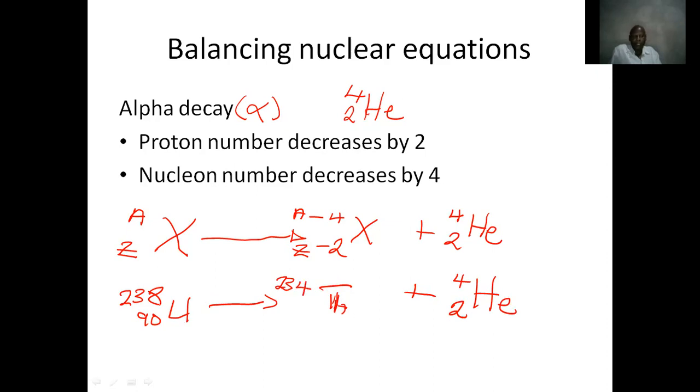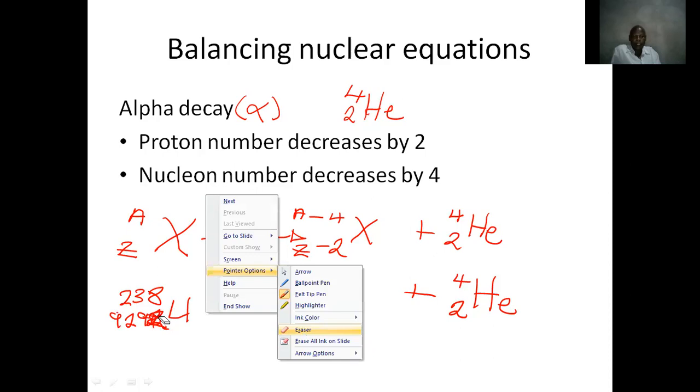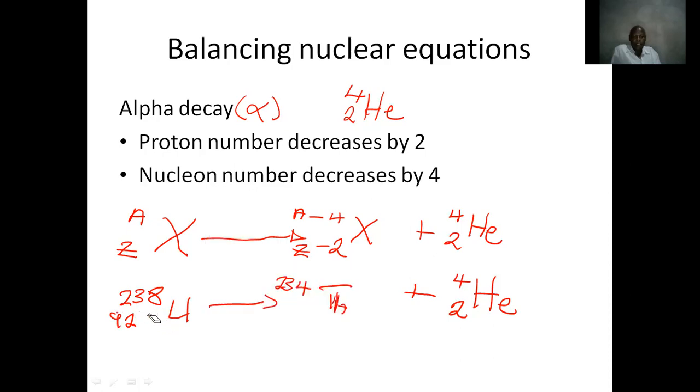234. And actually the proton number for the original atom was 92. That's the proton number. And so we expect that the proton number is going to decrease by 2.